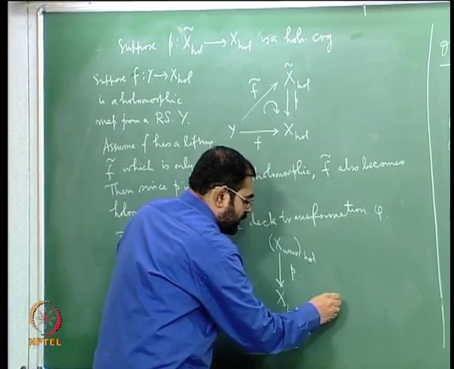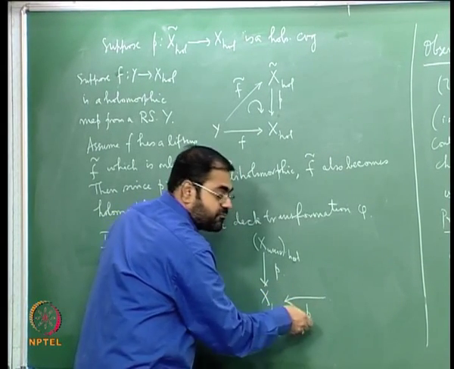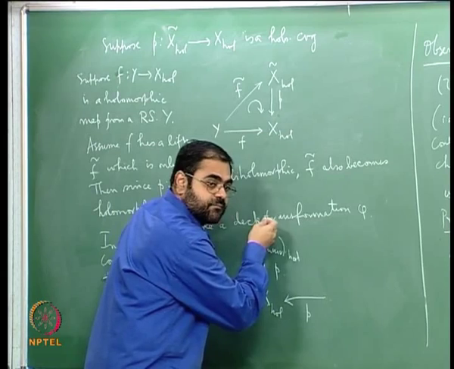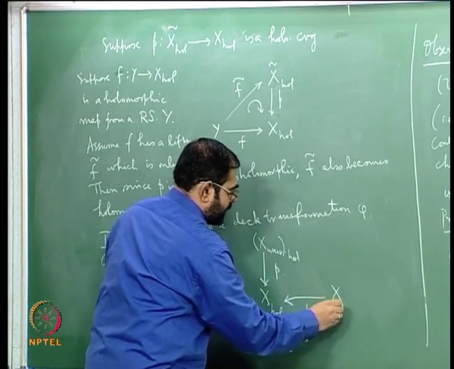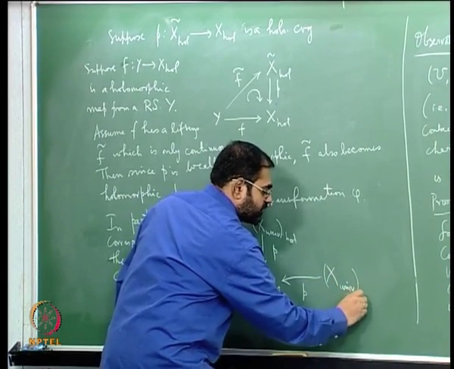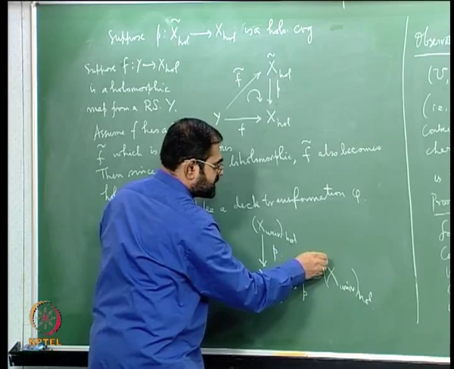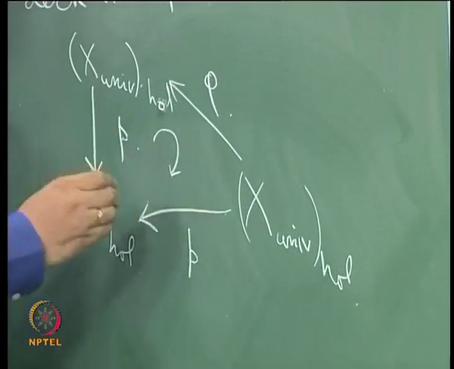Now what is a deck transformation? It is actually a lift of P, which is a homeomorphism. So it is a map from X univ to X univ, such that this diagram commutes, and phi is a homeomorphism.